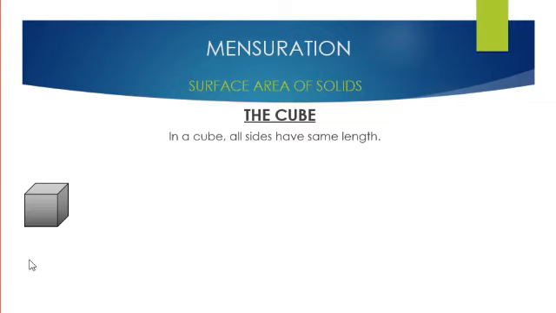So all its sides have the same length. Now, there's one thing I need to show you for you to be able to easily remember these formulas for surface area. It's just imagining that we opened this cube.